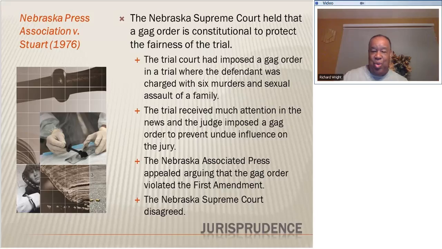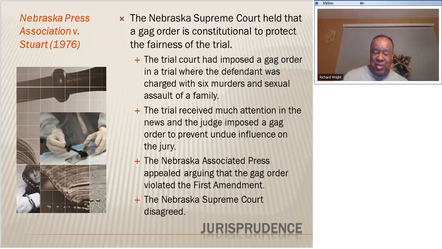The Nebraska Supreme Court held that a gag order is constitutional. I already talked about that. The trial court imposed a gag order that ordered that the parties not talk. The trial received much news attention, and the judge imposed a gag order to protect the jury.